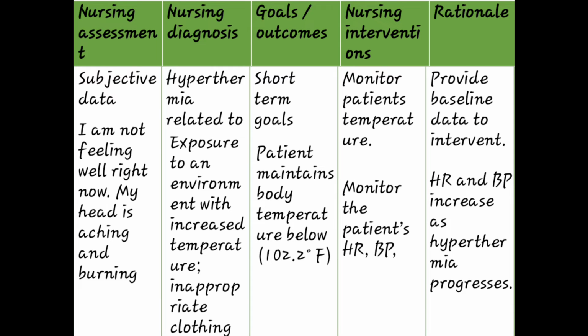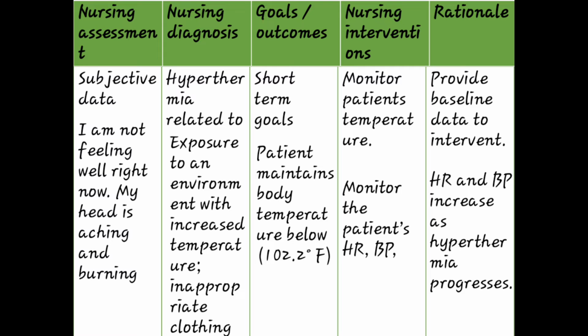Okay, the next part is formulating the nursing diagnosis. For the nursing diagnosis, we have 3 components. I have told you earlier in my video, in which I discussed the components of the nursing diagnosis and how to formulate an effective nursing diagnosis for a patient. Here we can see the nursing diagnosis: hyperthermia related to exposure, which may be related to, because we don't have a real case scenario here.